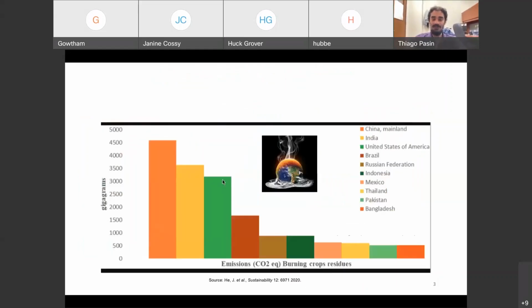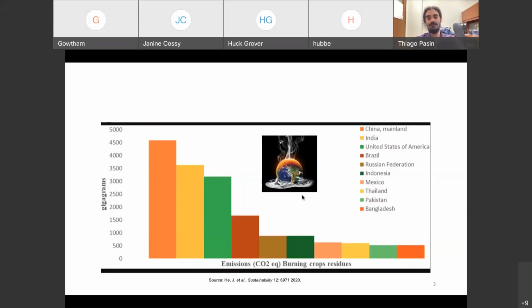As we can see here, the biggest polluters of the world are China, India, United States, and Brazil. And they are also the major food producers in the world. So they are burning the residues from food production because they have nothing else to do with them.